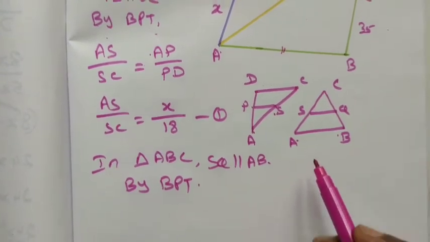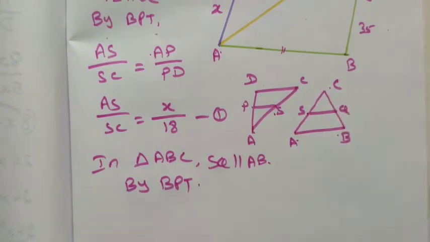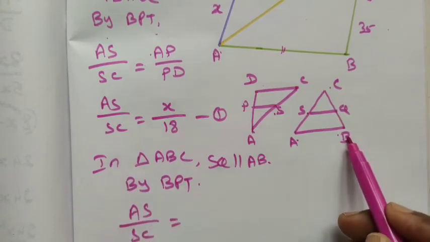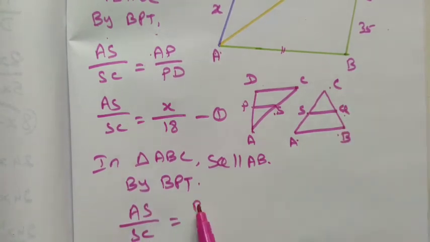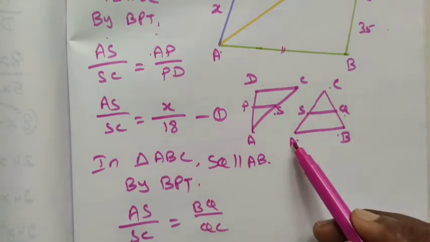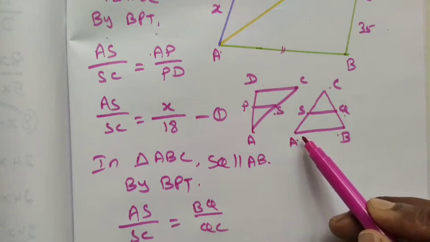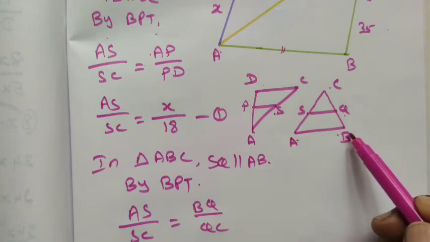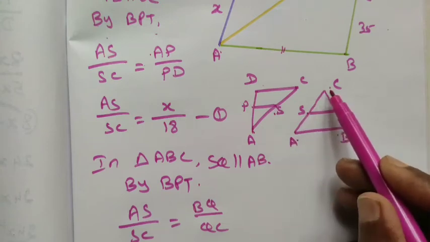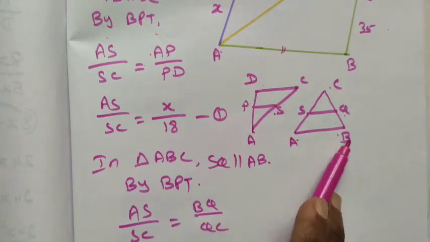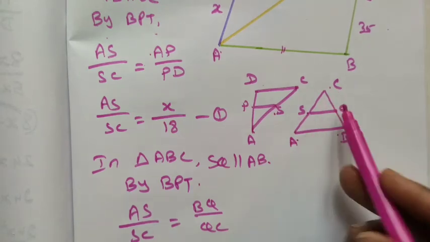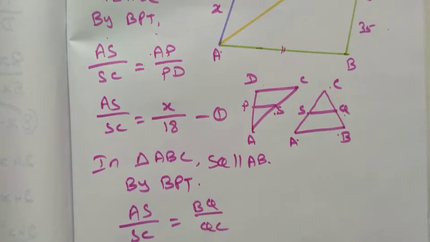we can write the formula: AS divided by SC is equal to BQ divided by QC, right? I am starting from the base in AS divided by SC, so on the other side also we start from the base, BQ divided by QC.